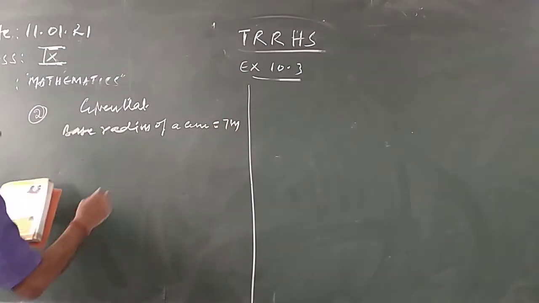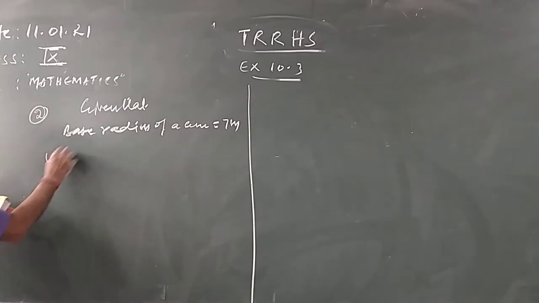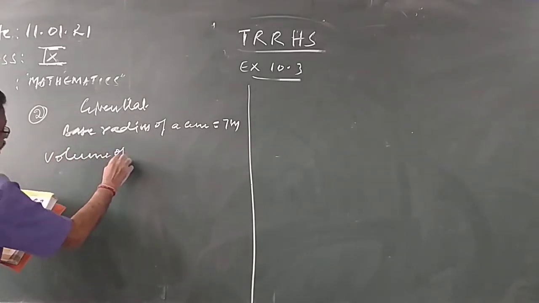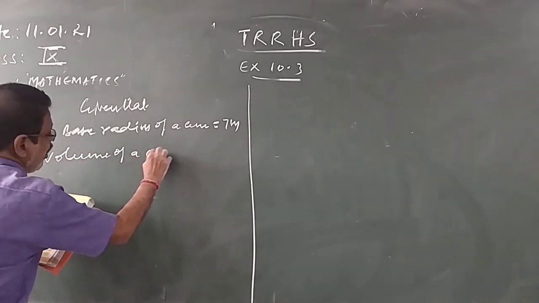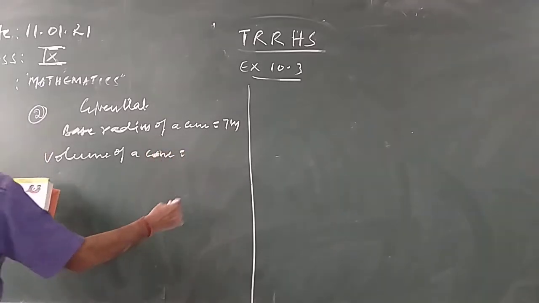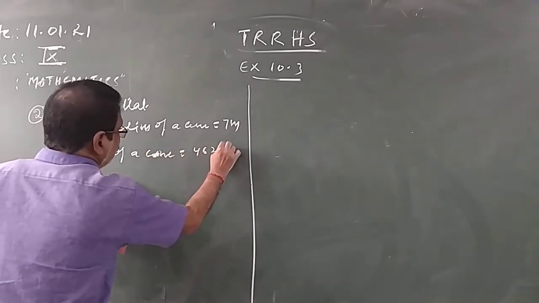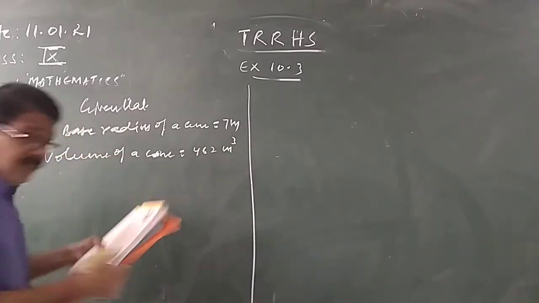Base radius is r. And the volume of the cone is 462 cubic meters. Find its height.